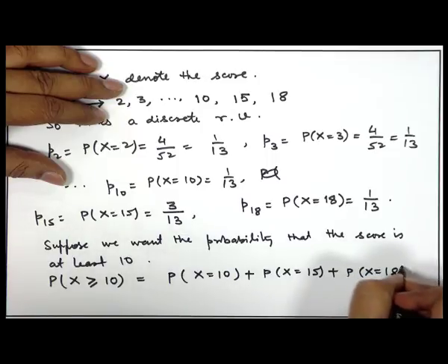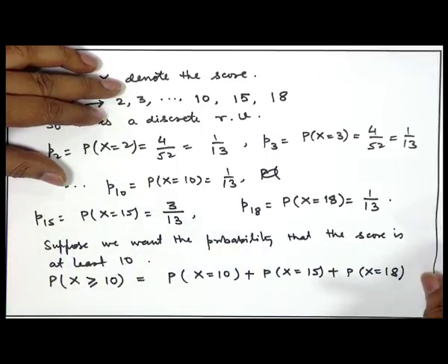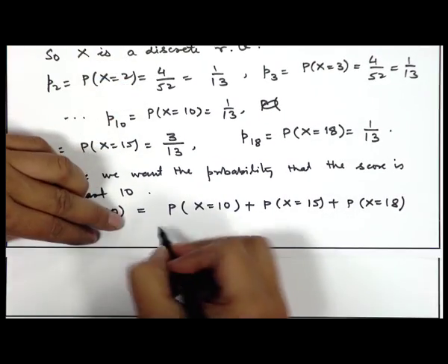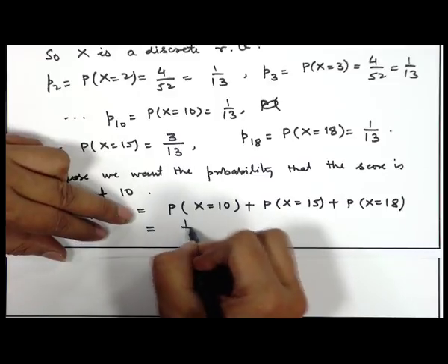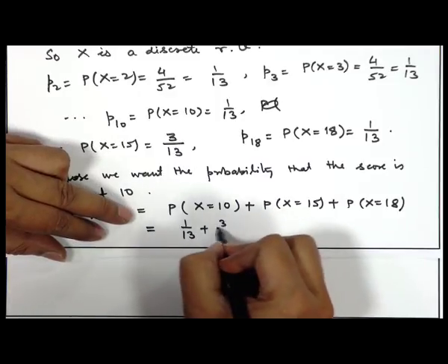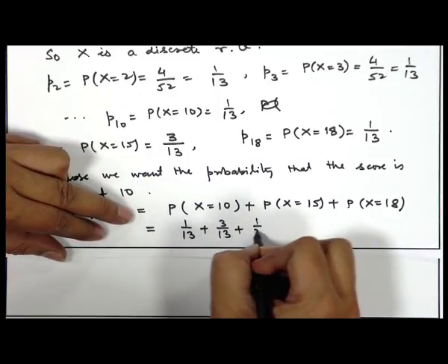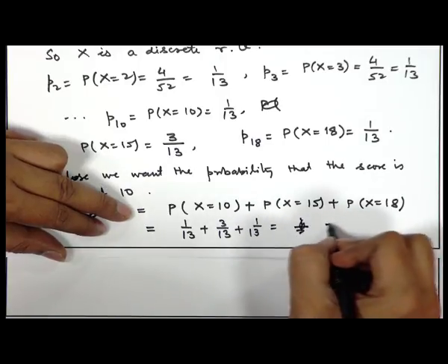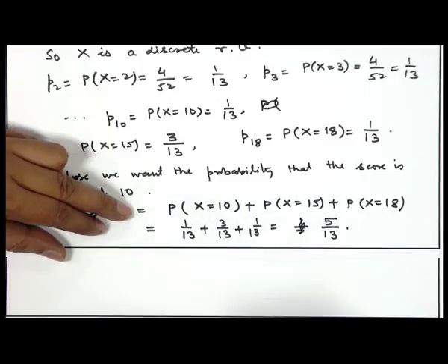These are the possible values that the random variable can take, which are not less than 10. So, this is equal to 1 by 13 plus 3 by 13 plus 1 by 13, that is 5 by 13.